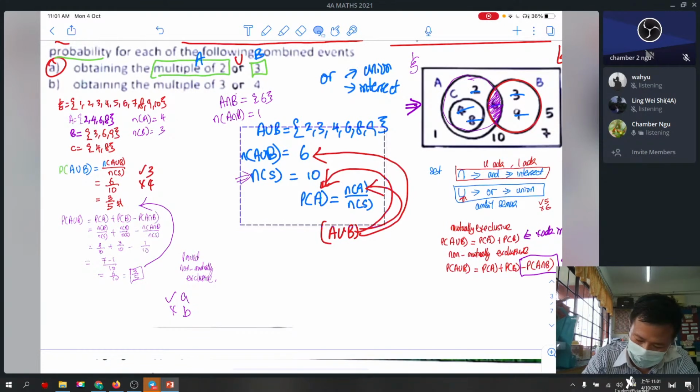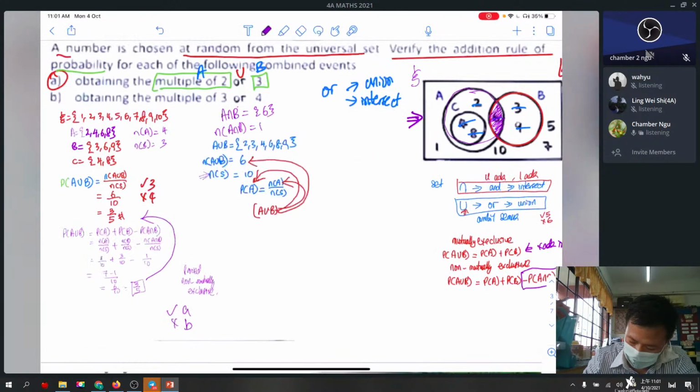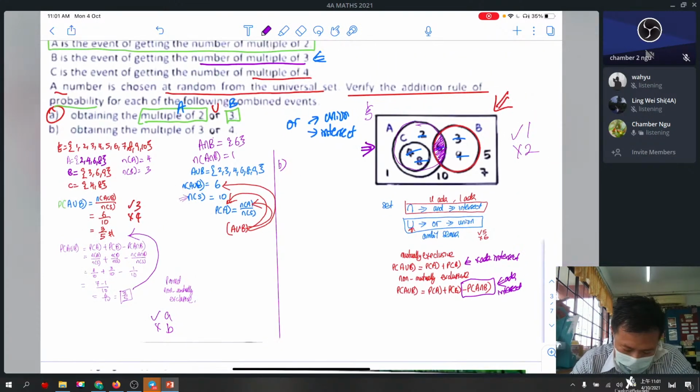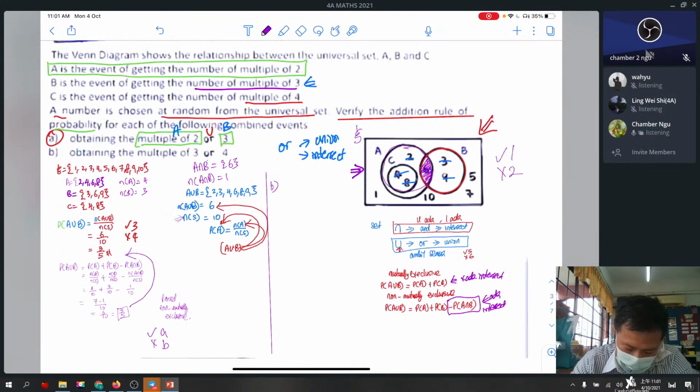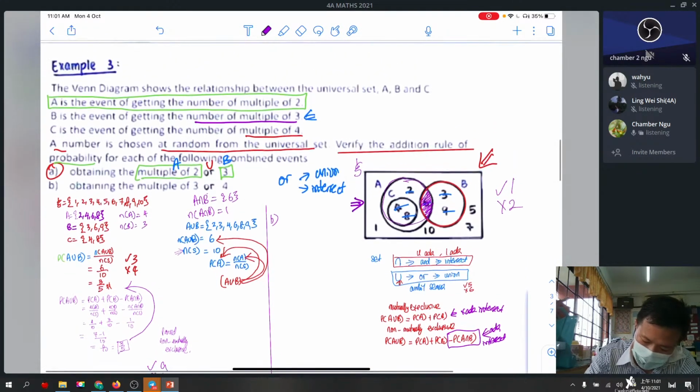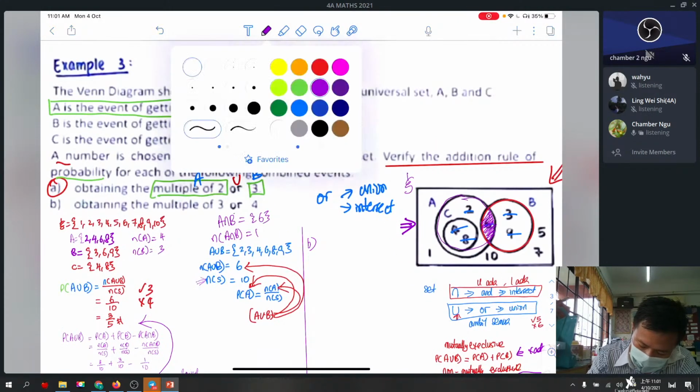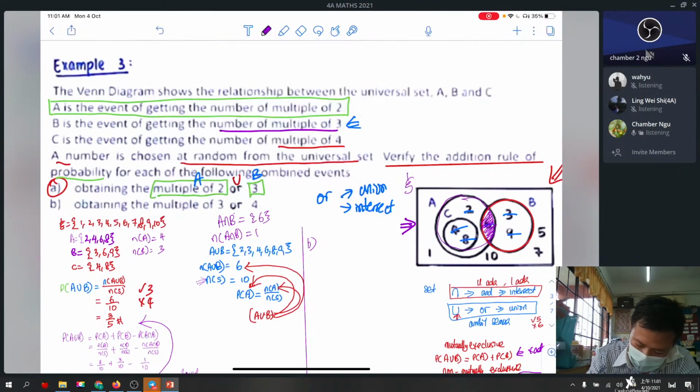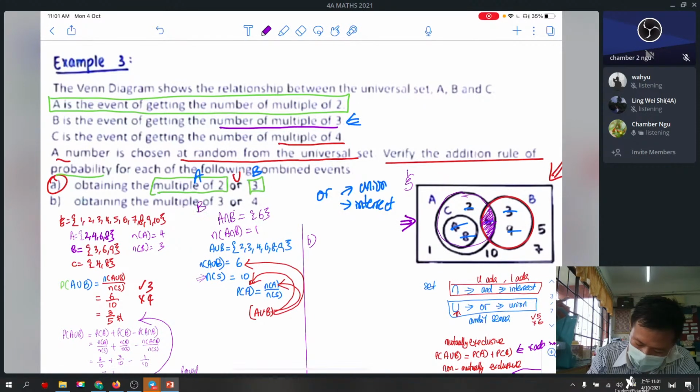Now we try to do question B. Obtain the probability of obtaining a multiple of 3 or 4. So from here, multiple of 3 is set B, and "or" means union.